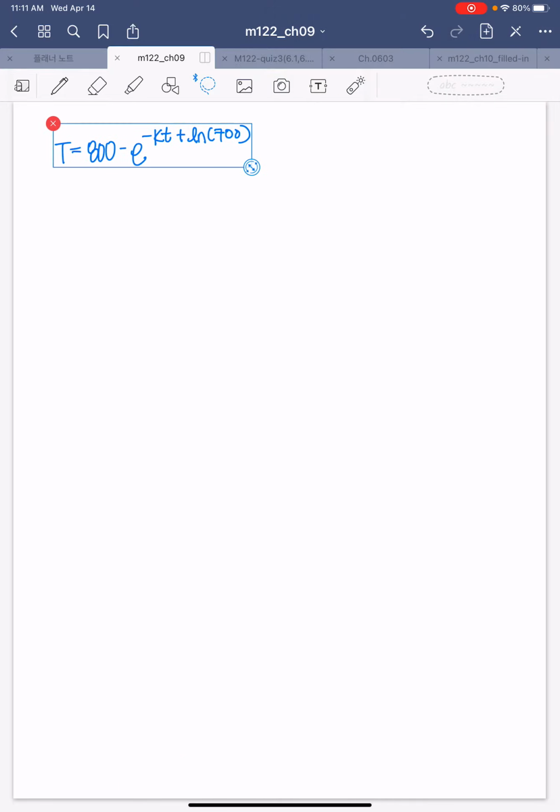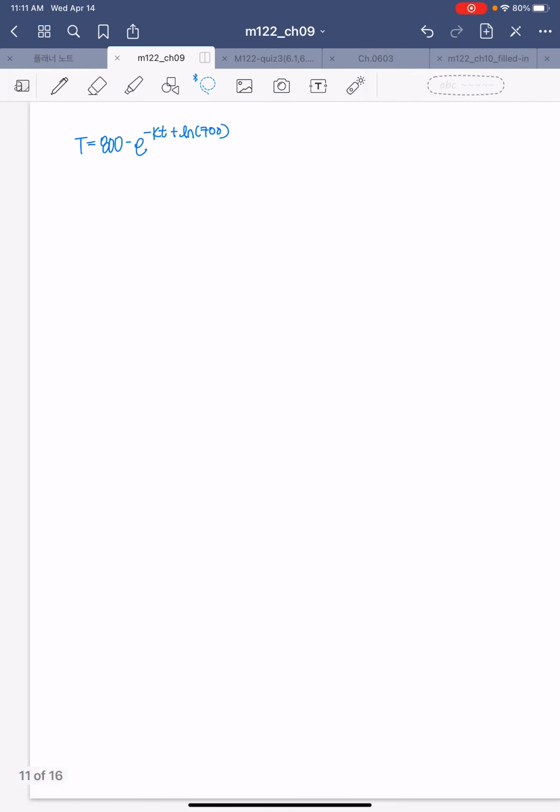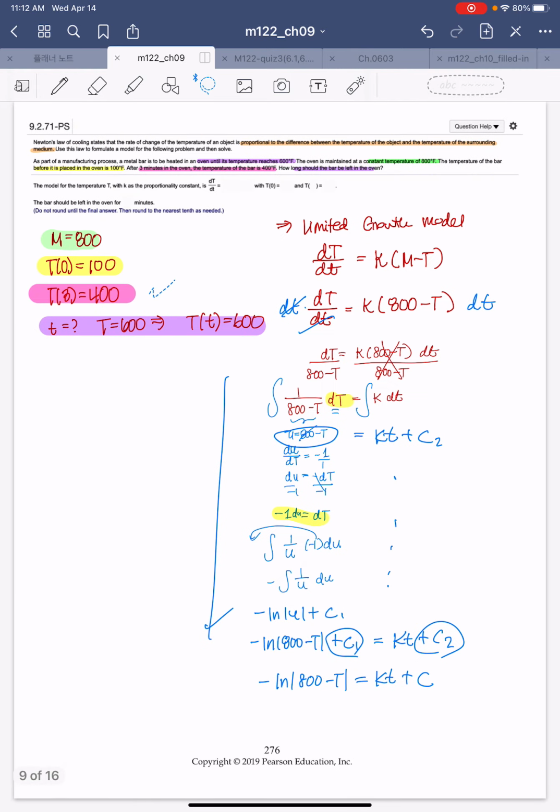We still have to solve for k, and that's where the second condition comes in. This part here, t sub 3 equal to 400. So t sub 3 equal to 400.